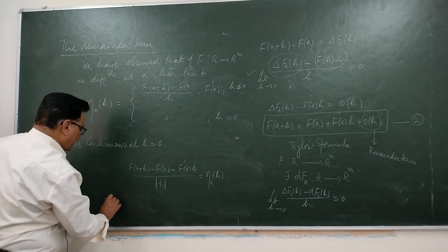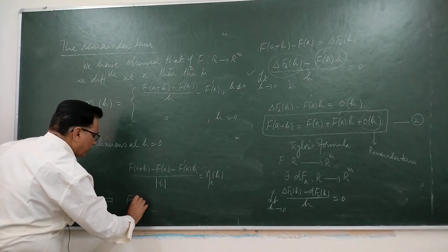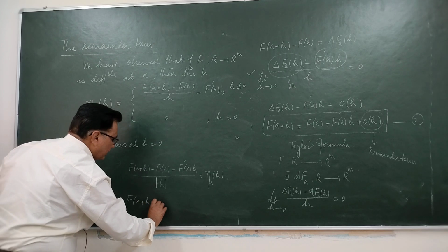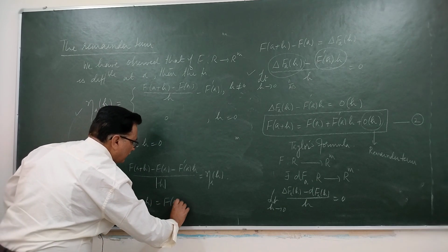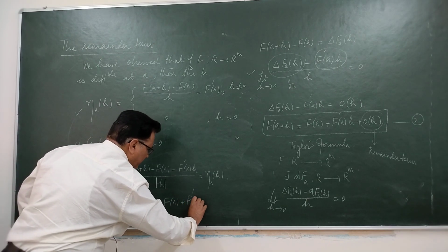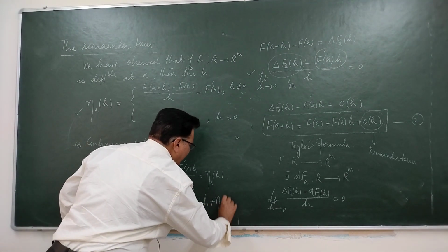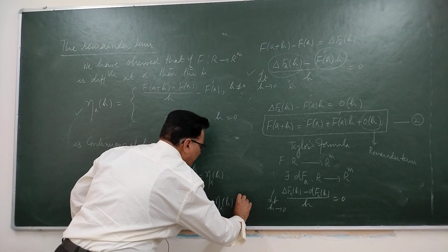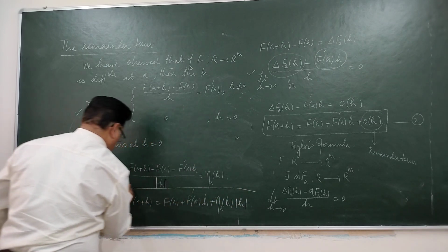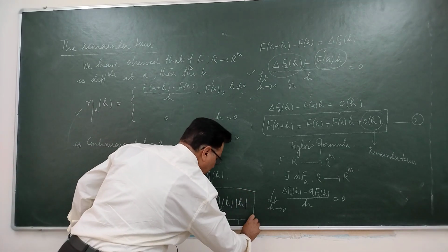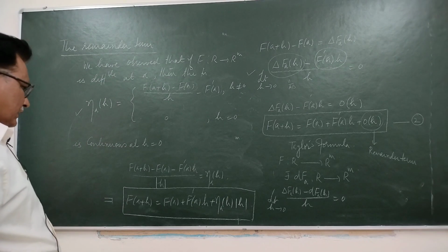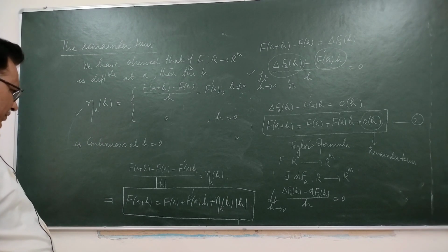So what follows from here is that f of a plus h is equal to f of a plus f dash a into h plus eta a h into modulus of h. So the Taylor series has been further simplified.